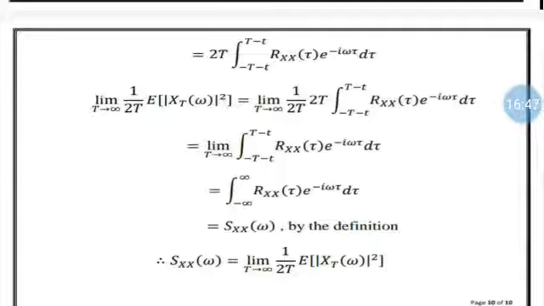Taking the limit T tends to infinity, we get the integral from minus infinity to infinity of Rxx(tau) into e power minus j omega tau d tau, which is nothing but the power spectral density.